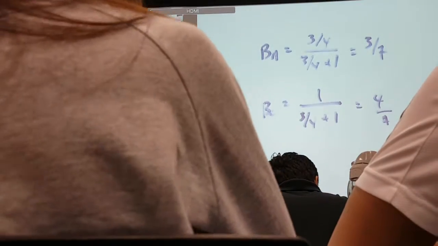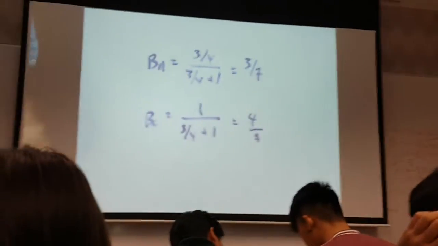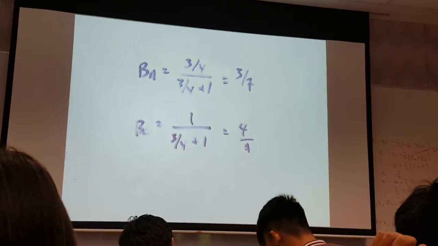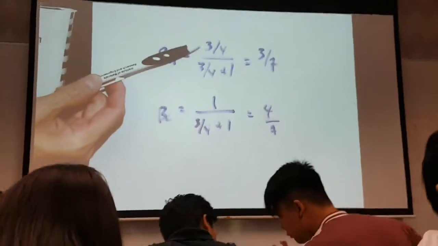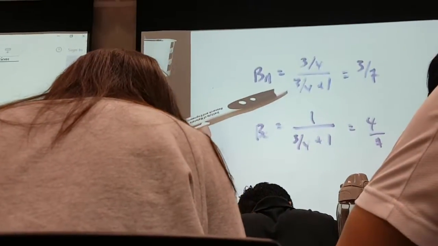Just to complete the solution, your BA is basically equal to 3/4, because that is for the pin end. And after that, what is the summation? The summation is 3/4 plus 1.